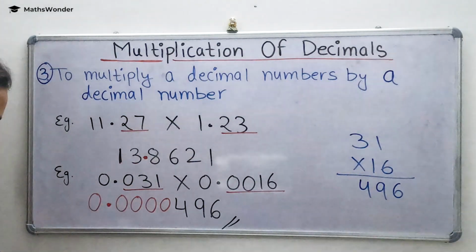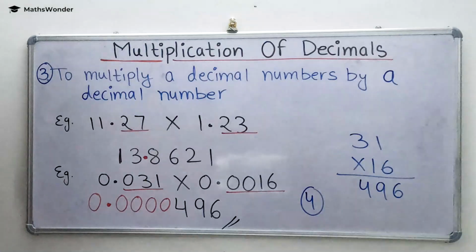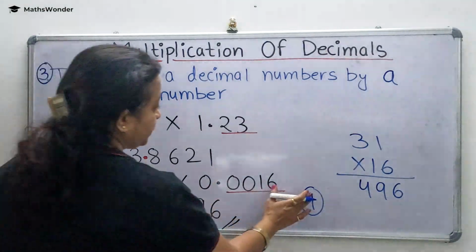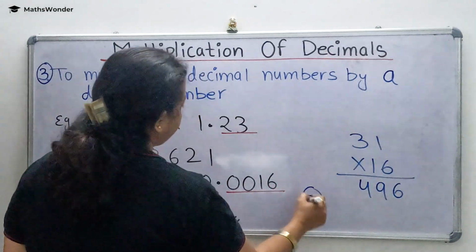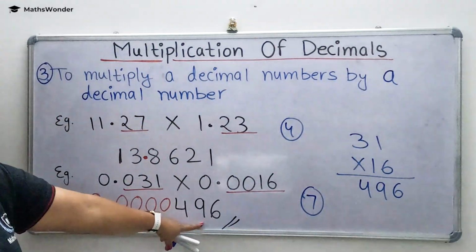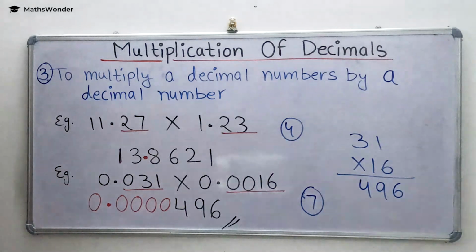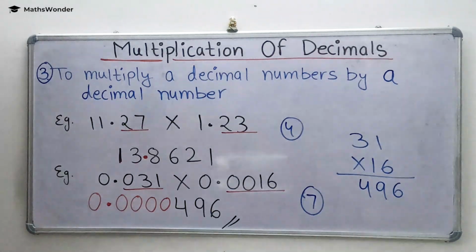Like here is 3, here is 4. Total 7 decimal places we have. Then start from the extreme right, count 7 digits and put the point. This is the technique of multiplying decimal numbers with decimal numbers. Okay.